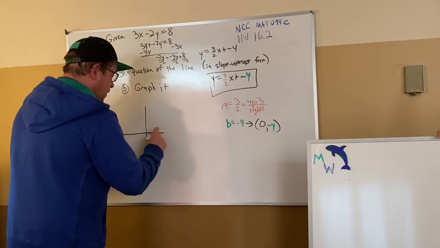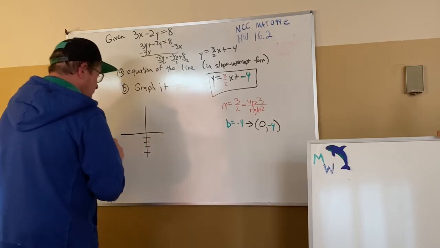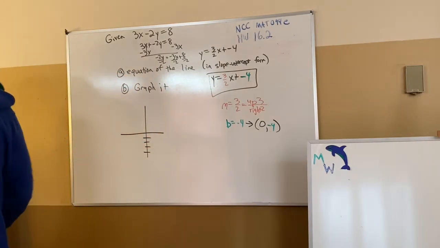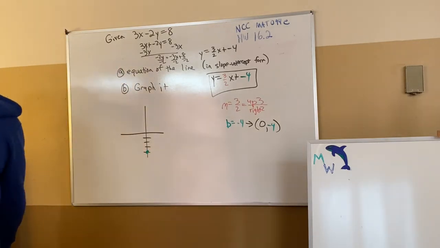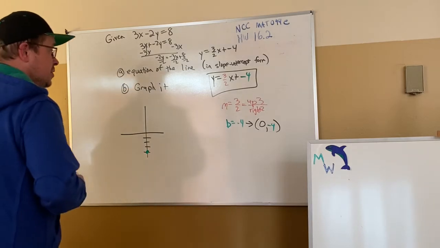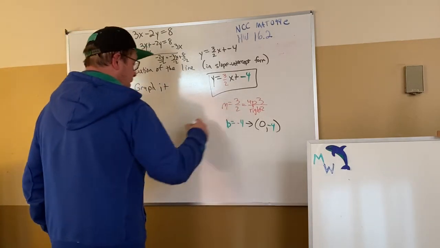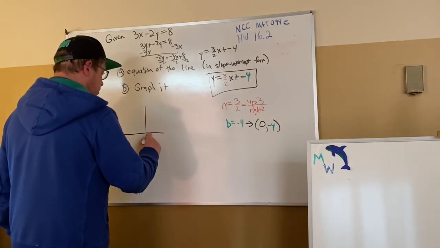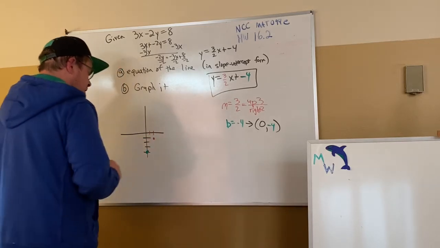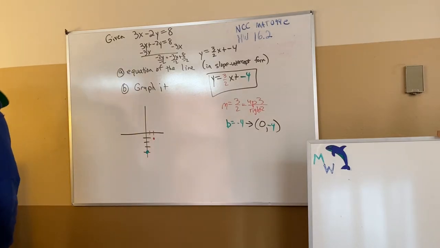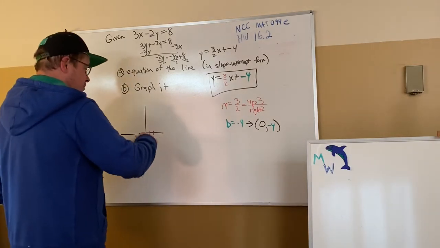So I'm going to start at 0, 1, 2, 3, 4, and I'm going to put in there my first point, 0, -4. From there, what the red requires of me is to go up 3, followed by right 2. Up 3, 1, 2, 3, and also to the right 2. So I'm up 3 and right 2, I'm there. That's all I need as far as anchoring and then drawing my line.